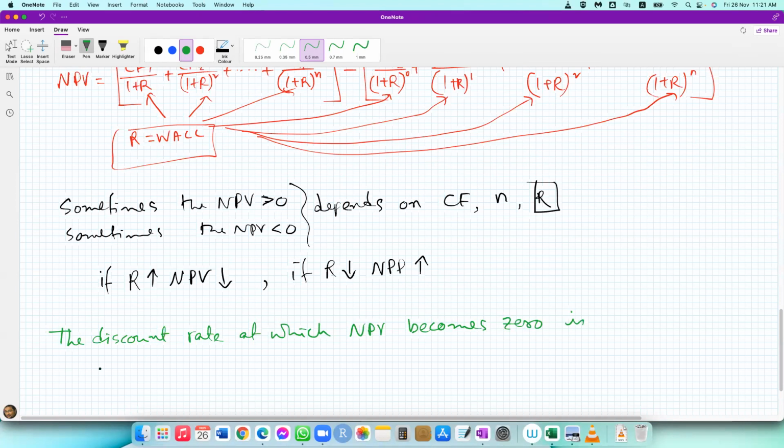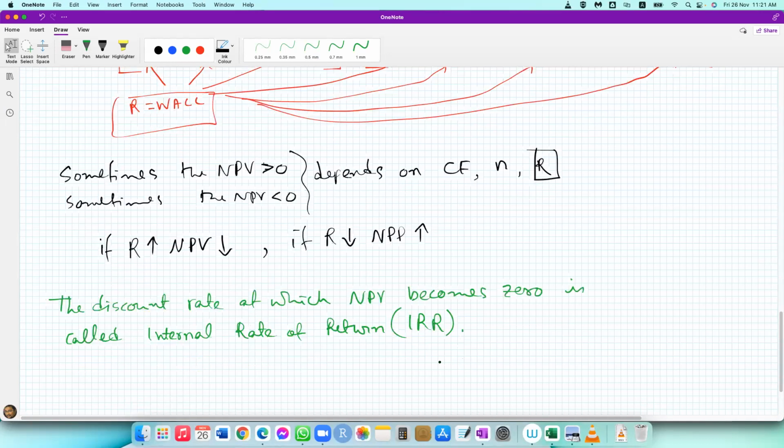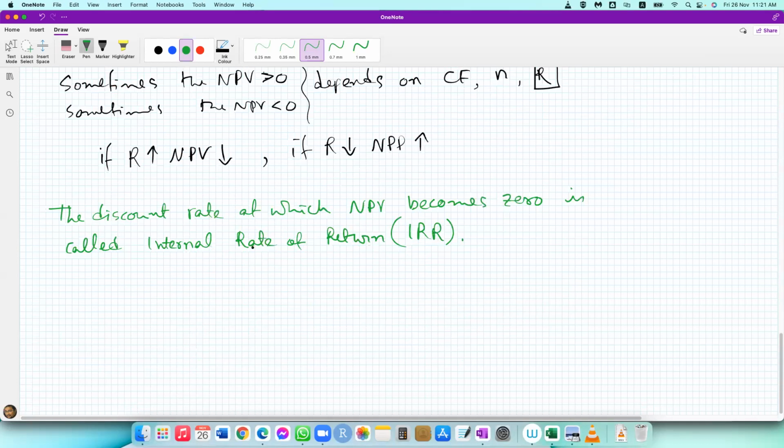It's called the internal rate of return, or IRR. So if we can calculate the IRR, that will give us the rate of return from the project. So how do we decide? Do we want a higher rate of return or a lower rate of return from an investment? What do you think?